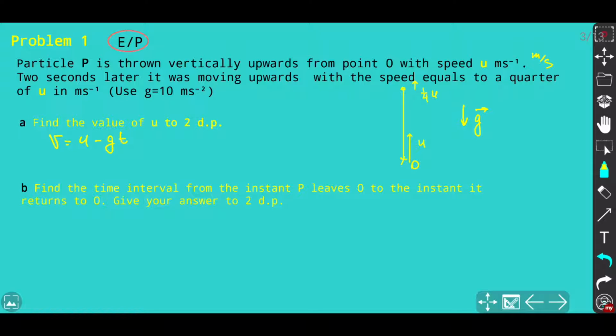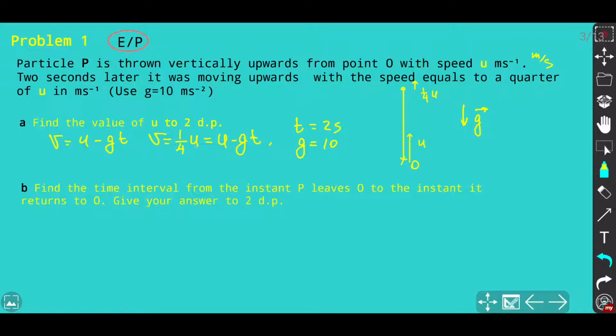Instead of v, the final value of the speed, we can use a quarter of u according to the initial statement. So if we plug this into the formula, we'll get 1/4 u equals u minus gt. We're given the time, which is 2 seconds, and we have g equal to 10, so from here we can recalculate u.